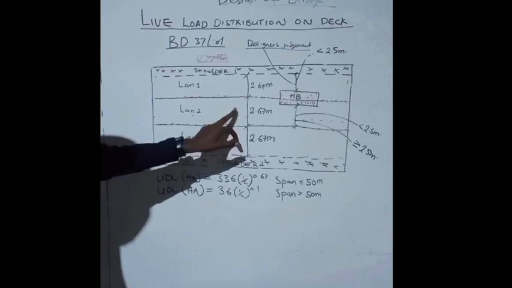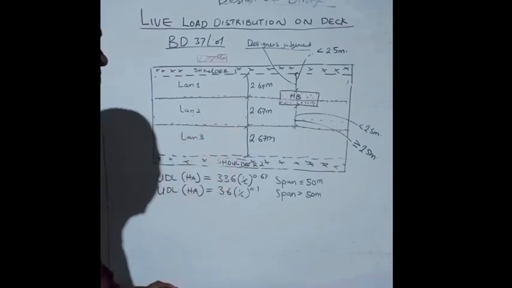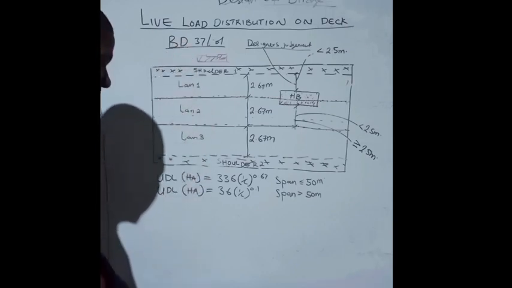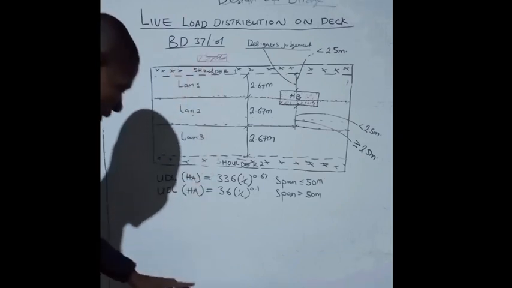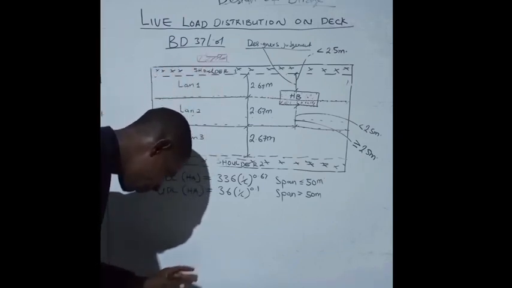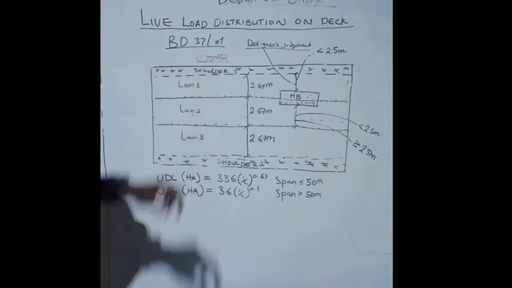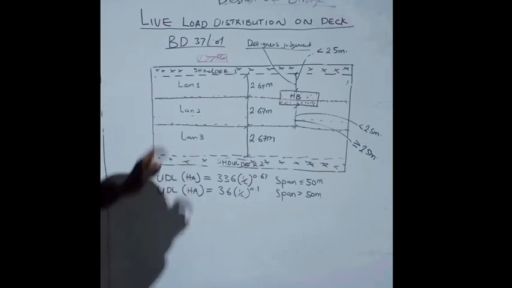So the load becomes of this shape, and the code has its own adjustment factor according to BD 37, the lane adjustment factor. The lane adjustment factor under this kind of condition is given as beta. Of course, from BD 37, beta has different coefficients. We have beta 1, we have beta 2.